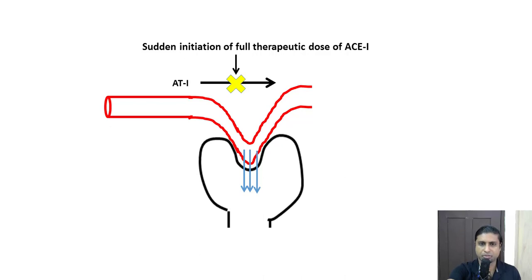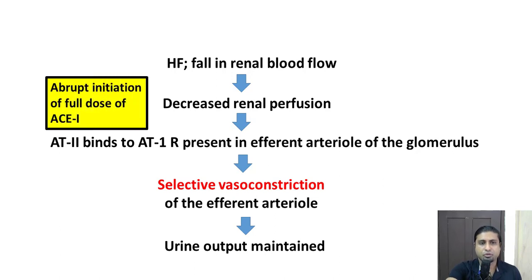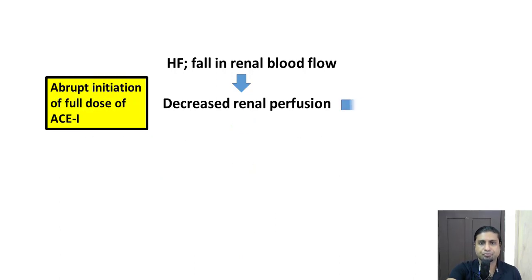The glomerular filtration pressures are no longer maintained, and this could potentially precipitate an episode of acute renal failure. Due to this reason, abrupt initiation of a full dose of ACE inhibitor could precipitate acute renal failure.